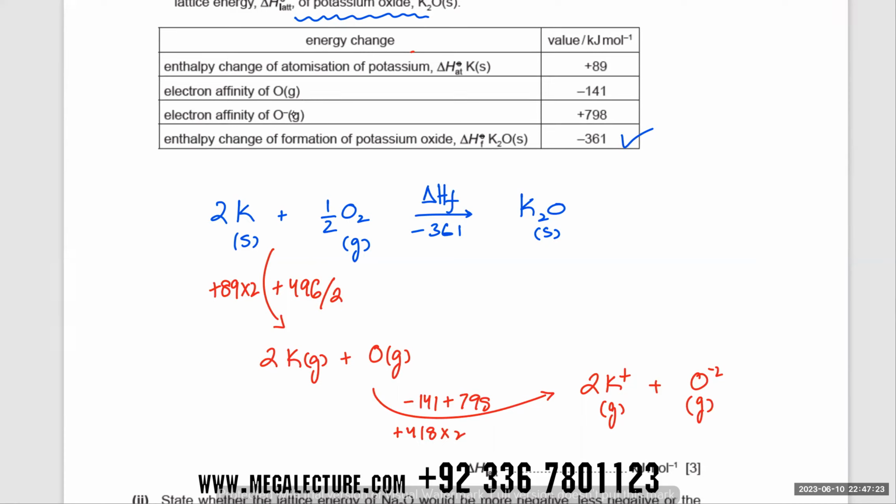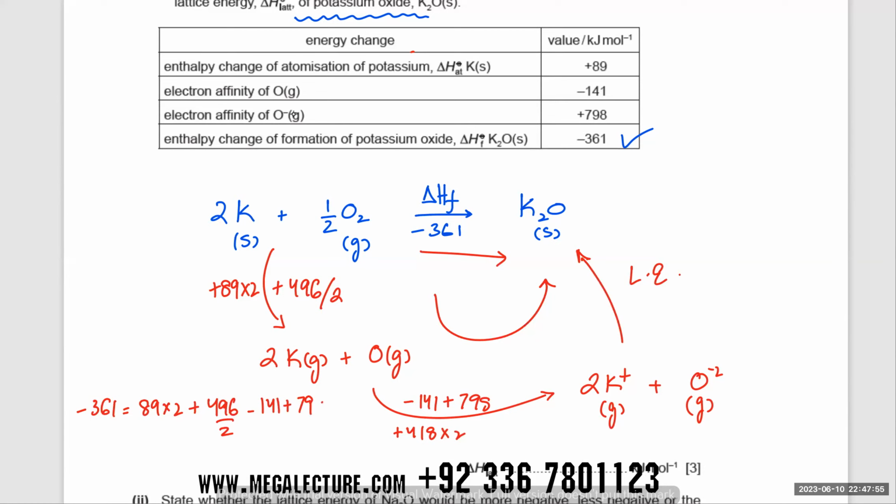Finally, the gaseous ions form the lattice, so that's your lattice energy. And you just have to solve for lattice energy. How do you solve for this? One path is equal to the other. So that means -361 is equal to all of this other stuff, which is 89 times 2, 496 divided by 2, minus 141 plus 798, plus 418 times 2, plus lattice energy.